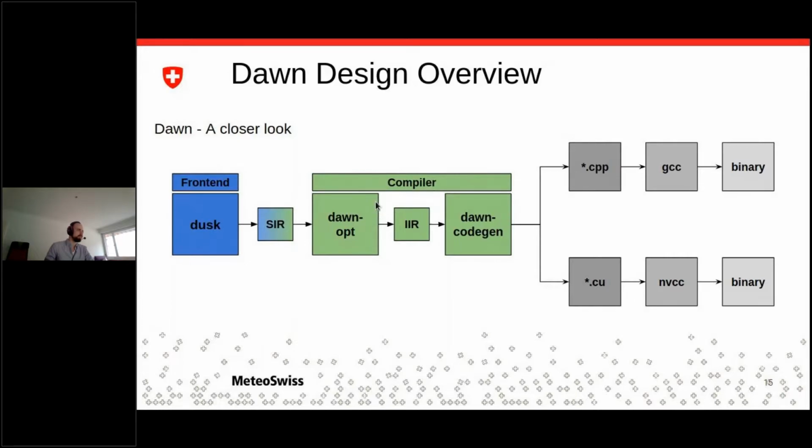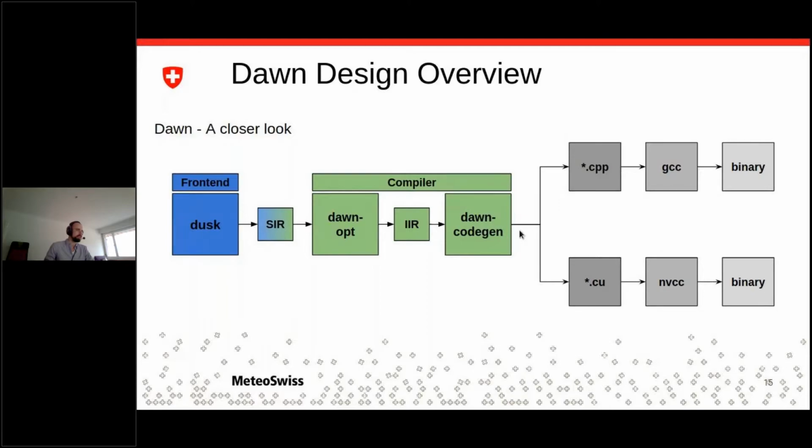Dawn is split into an optimization component and a code generation component. They communicate with something called IIR, which stands for internal intermediate representation, internal to Dawn. That's also what separates the optimization and the code generation part.